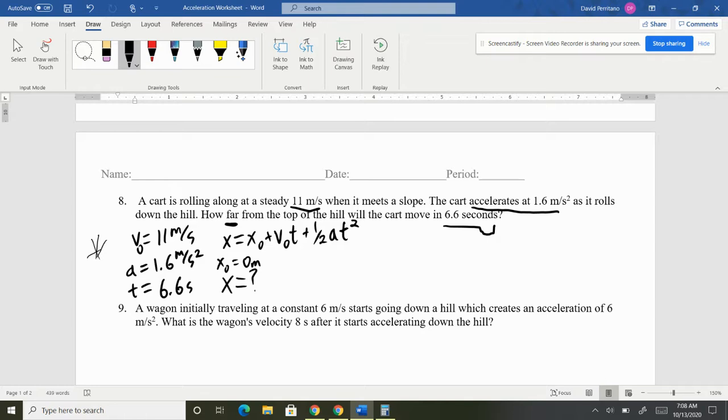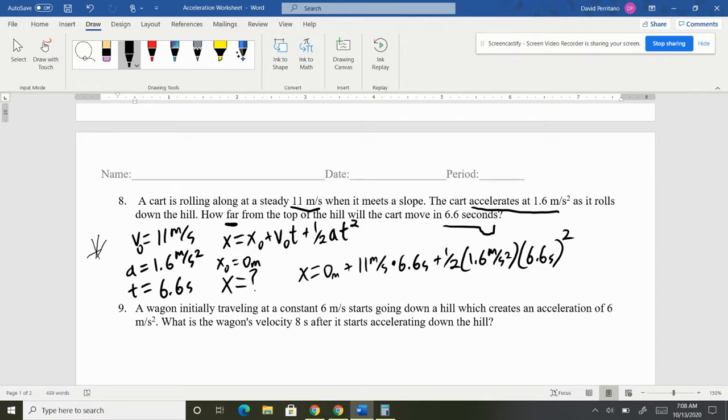So now let's plug it all in. Plug it in like a Glade plugin. X equals 0 plus initial velocity was 11 times our time of 6.6 plus 1/2 our acceleration of 1.6 times our time of 6.6 seconds squared, though.